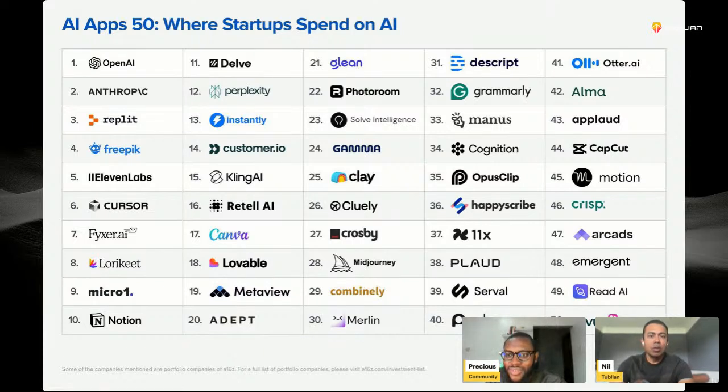Some of these are like Cognition. They're the Devin creator, but we know them as Devin. Gamma is interesting. I might see Gamma going up because they build a really good product. It's for building presentations. Precious, you should use Gamma, by the way. Oh, seriously? Maybe Gamma would be an interesting one for our podcast too.